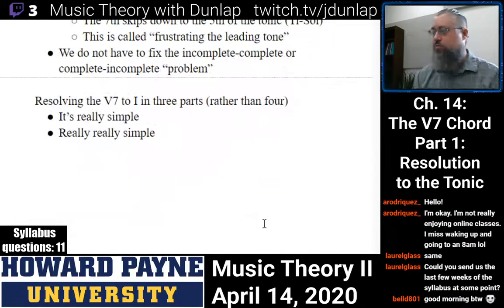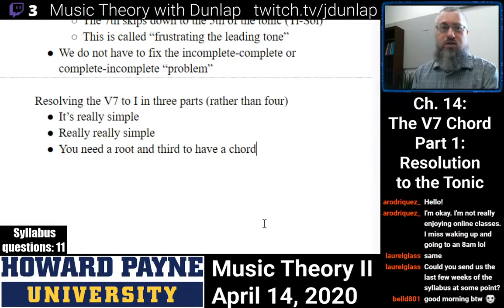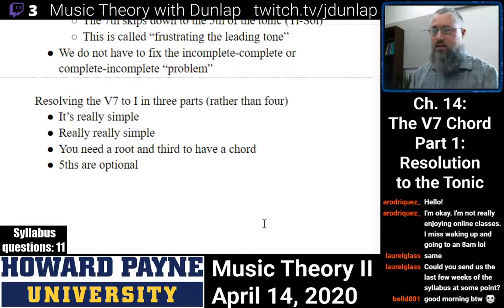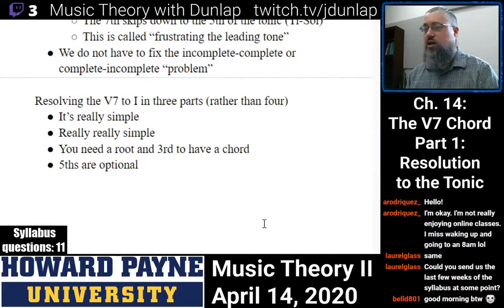It's really, really simple. You need a root and a third to have a chord. 5ths are optional. Everyone got that? And let's be consistent with our formatting. 5ths are optional, like pants during a quarantine.